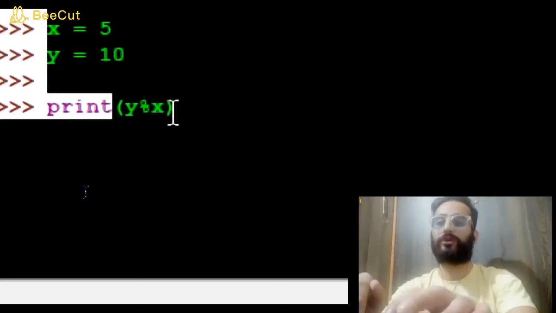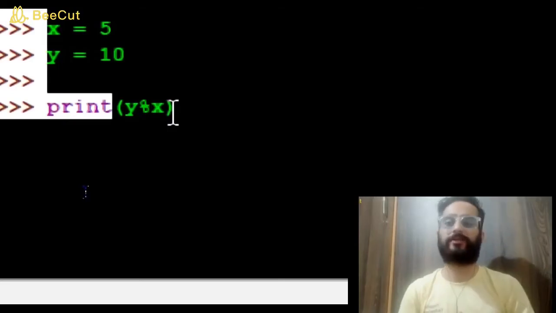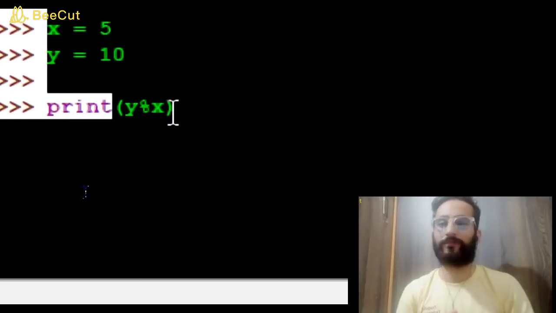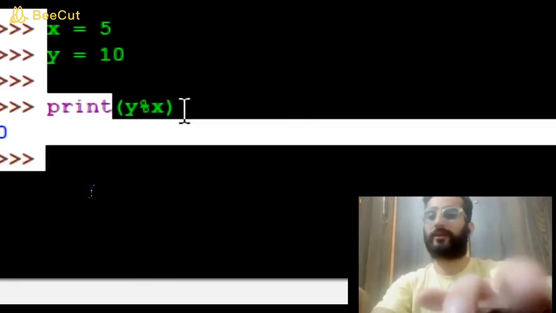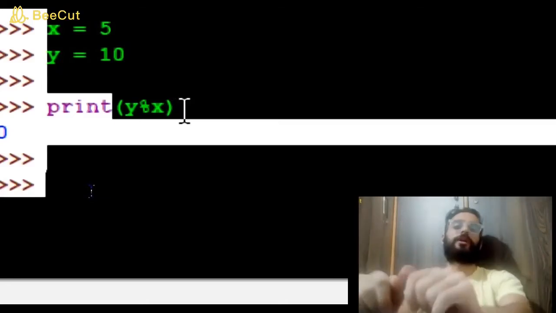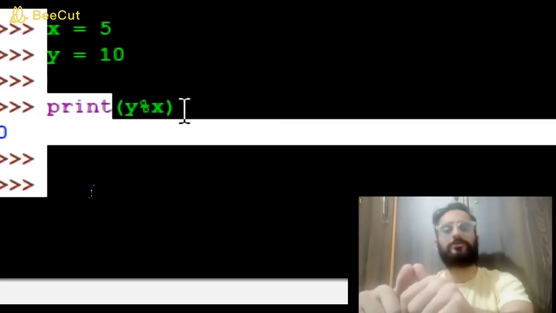With normal division, y divided by x, which means 10 divided by 5, the answer should be 2. That is the quotient actually, and the remainder is 0. Here we are doing the modulo operation, not the normal division, so the answer should be 0, which is the remainder. Now let's check it out. Print y modulo x, then enter, and here we got 0. So hence we use the modulo operator to get the remainder of a division.